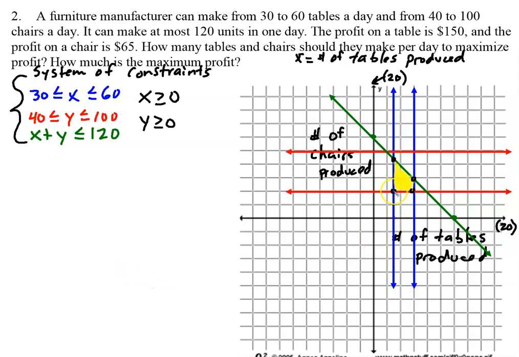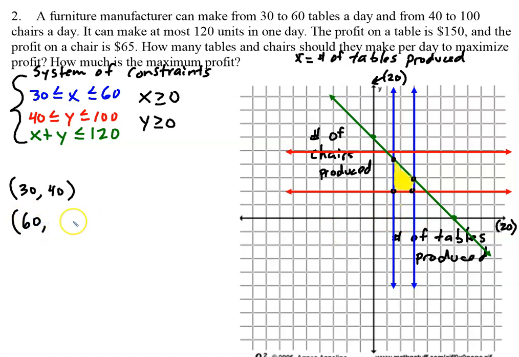So we'll start down here on this bottom left point. That looks like it's 30, 40. So what that means in this problem, it's a combination of 30 tables and 40 chairs. Tables X, chairs Y. All right, and then over here we've got 60, 40.